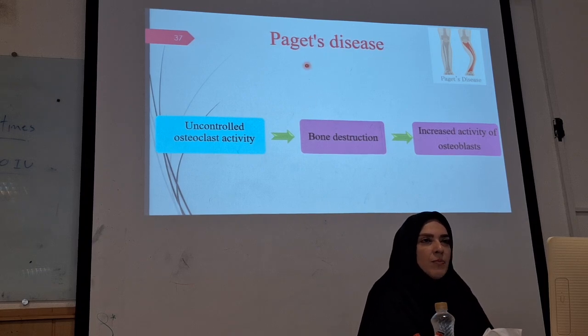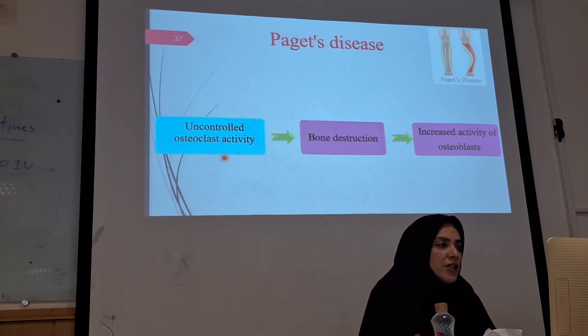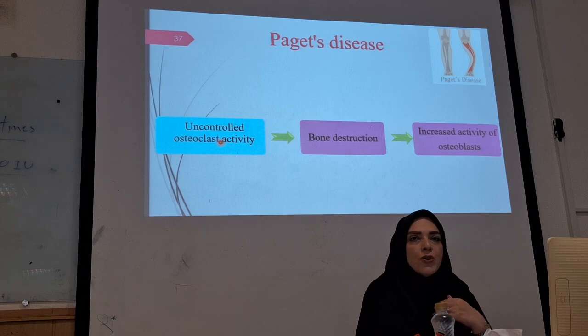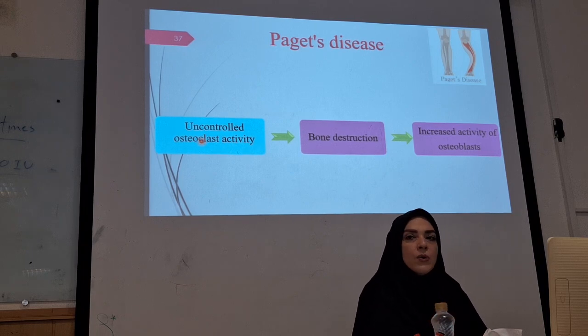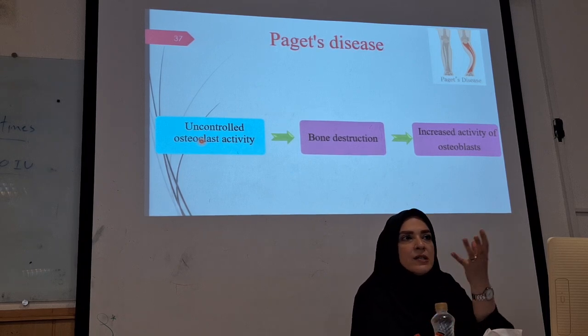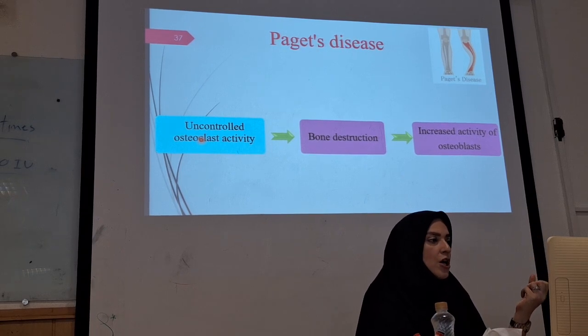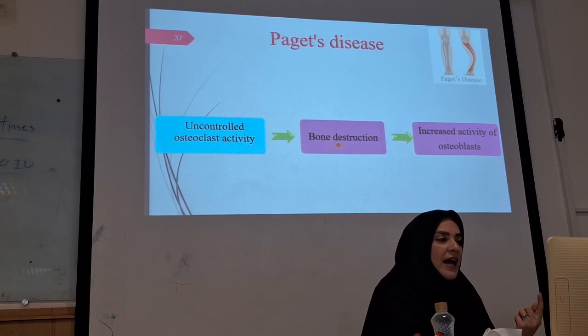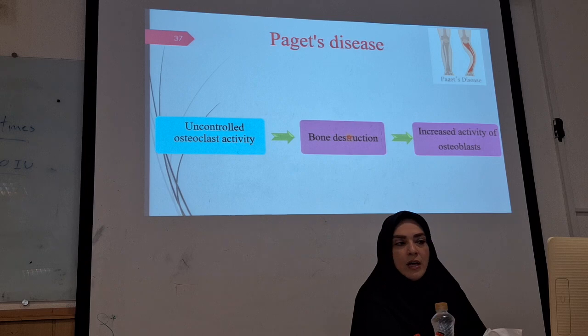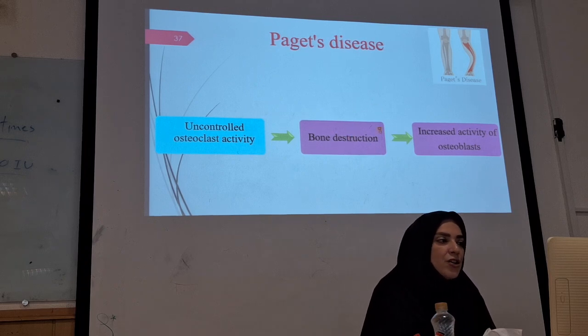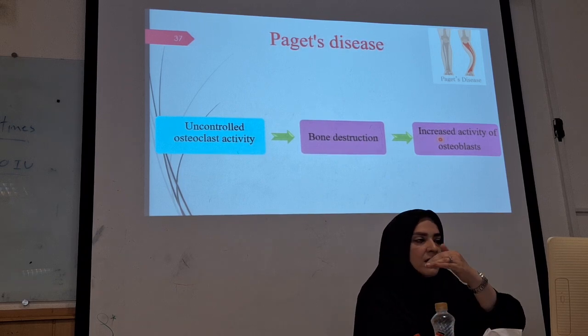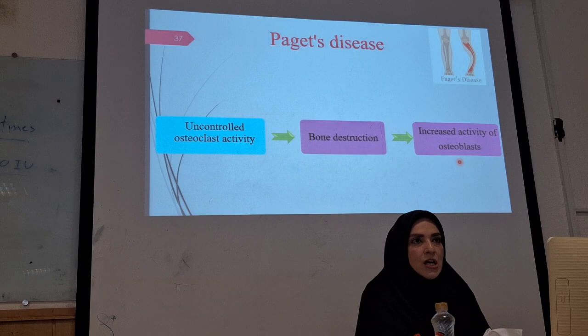What happens in Paget disease? In Paget disease, we have uncontrolled activity of osteoclasts, okay? They resorb the bone, so we have bone destruction. So for compensation of this destruction, our body increases the activity of osteoblasts.